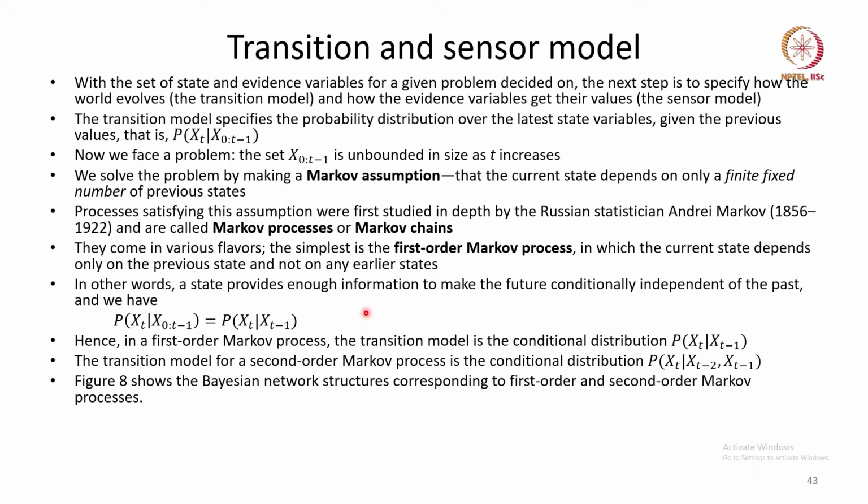So this is called the first order Markov process, and the transition model is P of X_t given X_t minus 1. For the second order Markov process, it would be probability of X_t given X_t minus 2 and X_t minus 1.